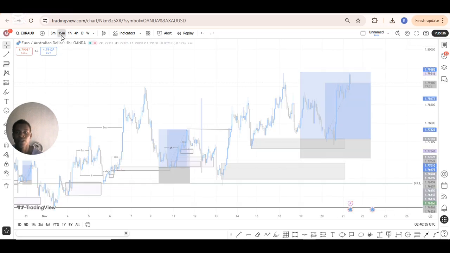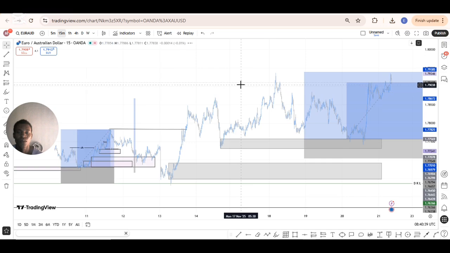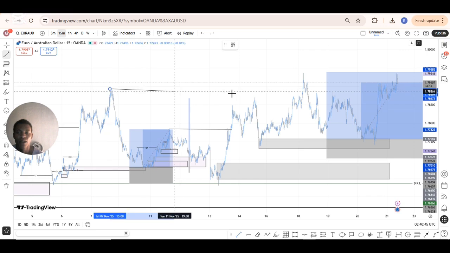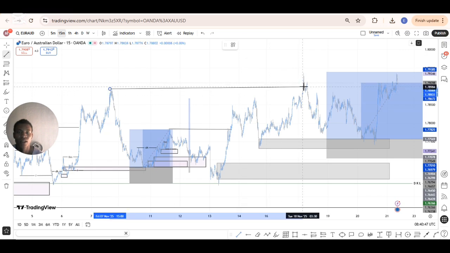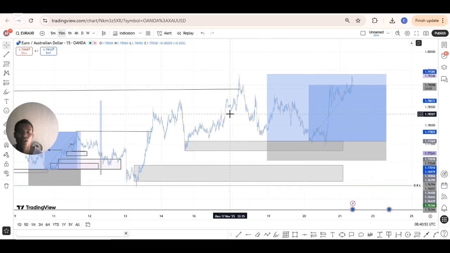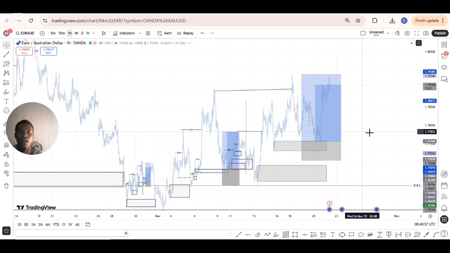When we go down to the 15-minute time frame, we can see that we have this breakout structure right here. All of these candles right here are inside bar candles, but when we look closely, let's go down to the 1 hour time frame.